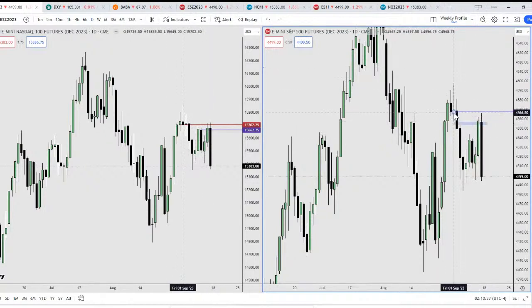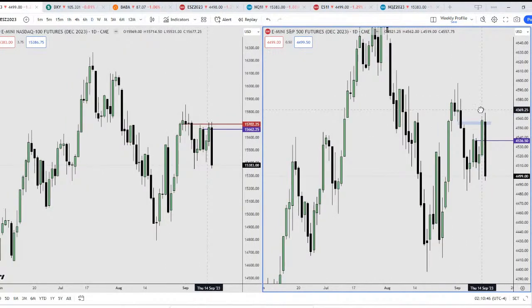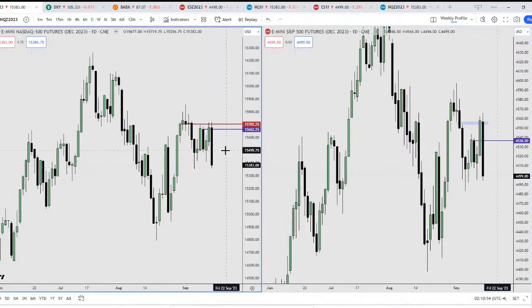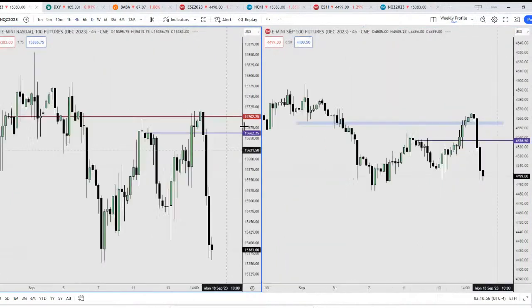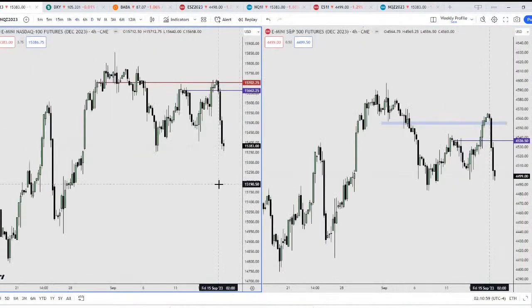True open for ES is right here on the 12th of September, and then right here we are trading lower, taking out this swing low here and then this swing low here for NQ. All right, so on the 4 hours, same thing here, breaking this low that made this high right here, closing below that as well.